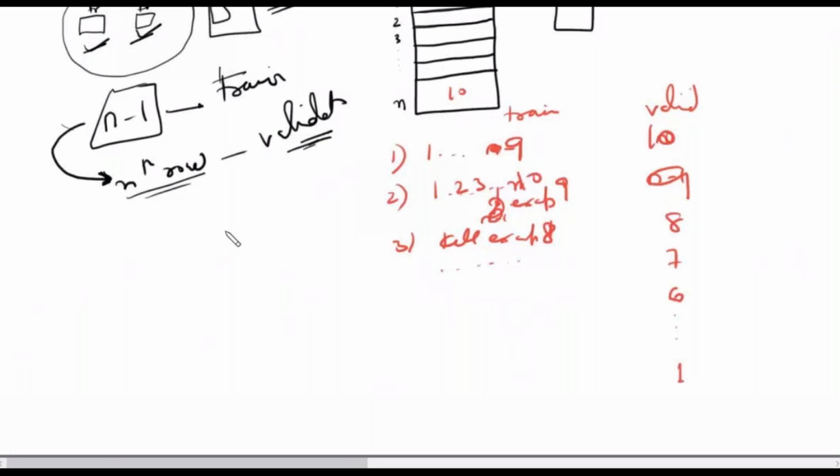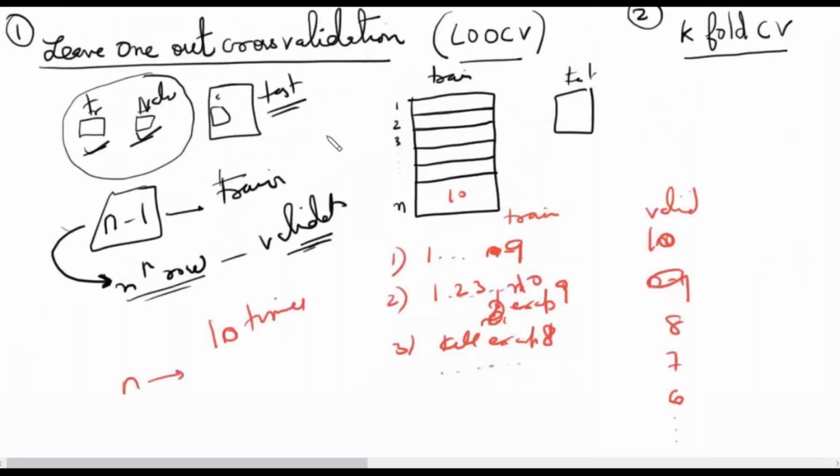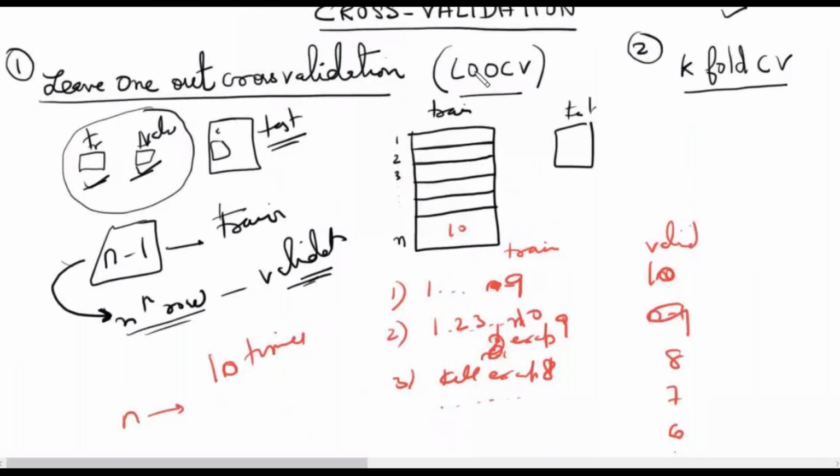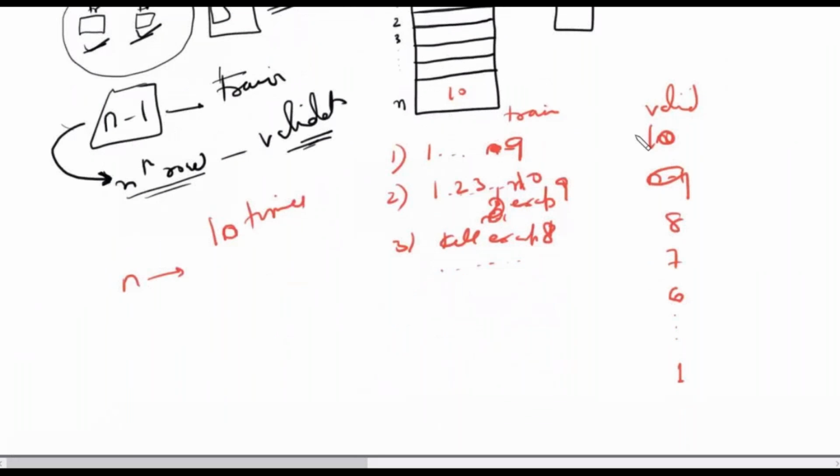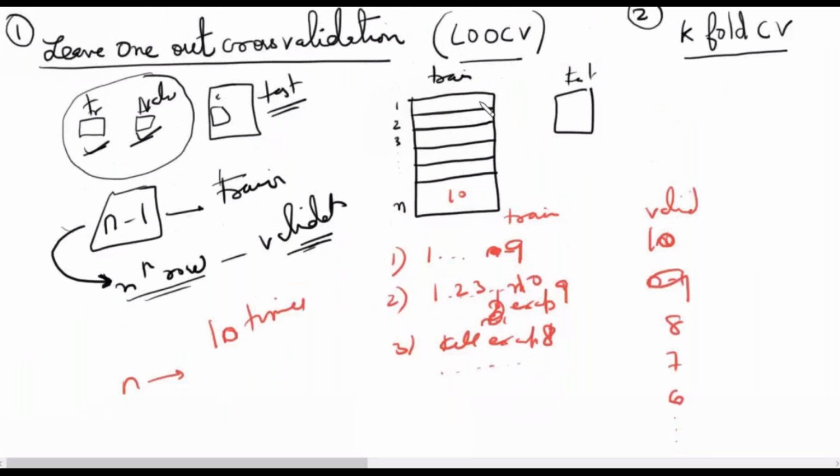So we will run the modeling process 10 times, or n times, where n is the number of rows present in the data set. That is why it is known as leave one out cross validation. Why leave one out? Because we are leaving one of the rows out as the validation data.